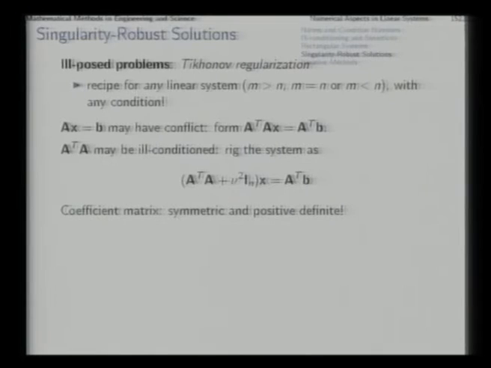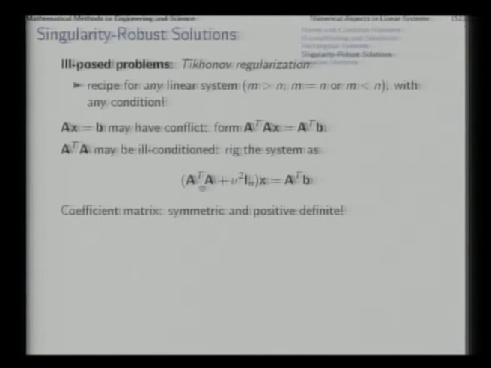Now, you see that A transpose A, even in the case of ill conditioned or singularity, would be at least positive semi definite. That means its value for any x, with x transpose this matrix x, would never be less than 0. In the worst case, it could be equal to 0.